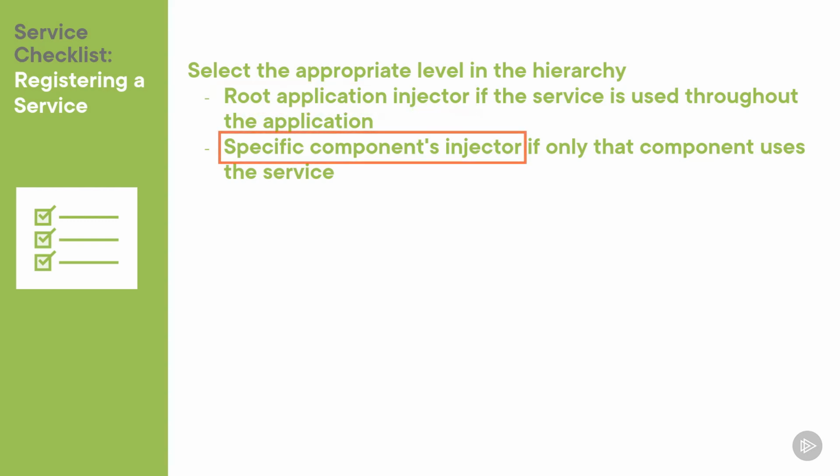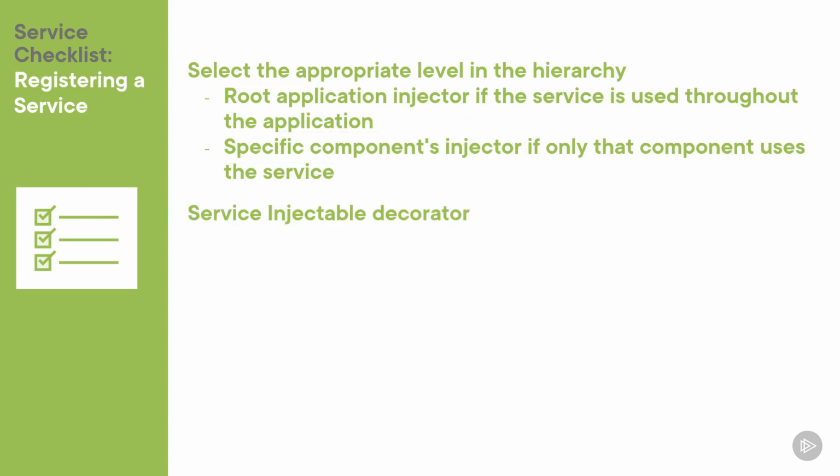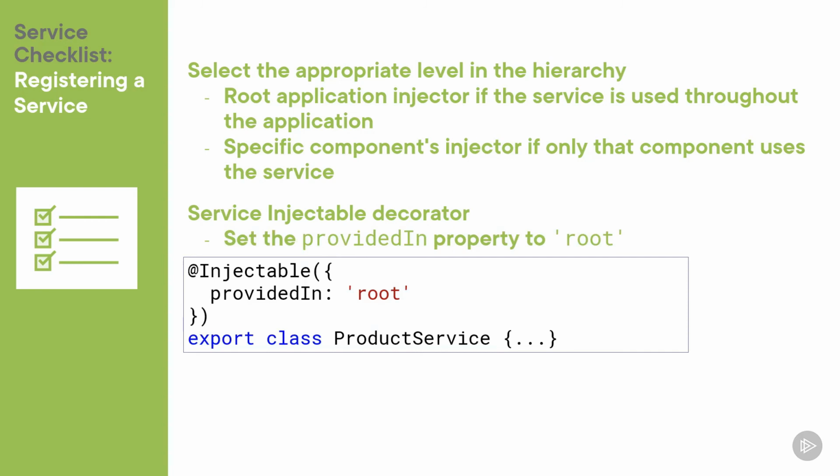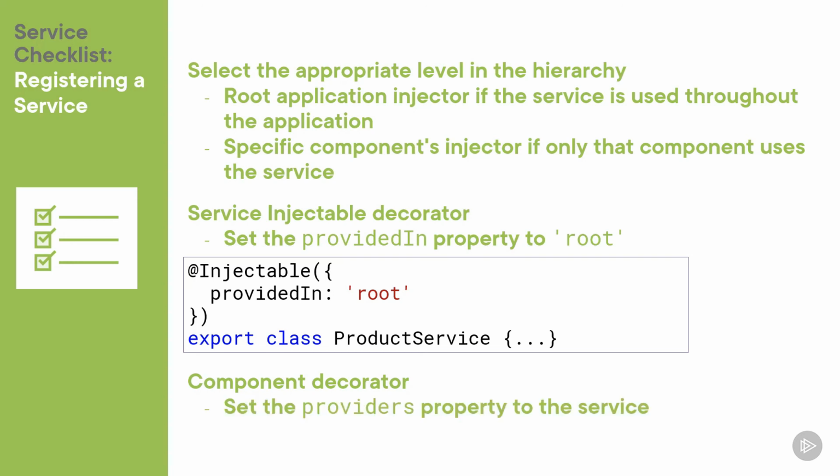Pick one or the other, not both. Register a service with the root injector using the Injectable decorator of the service. Set the providedIn property to root. Register a service for a specific component and its children using its Component decorator.